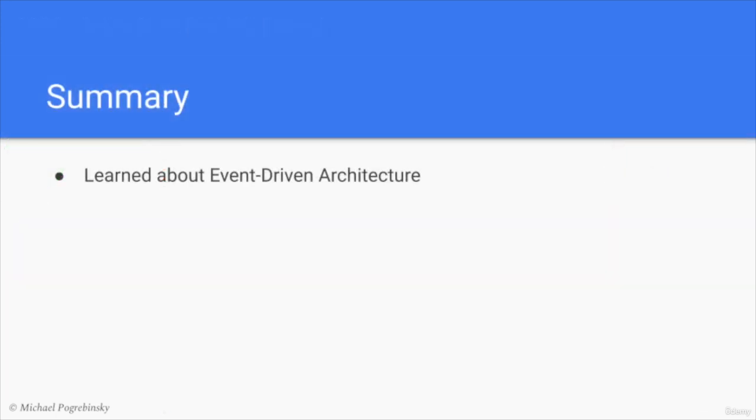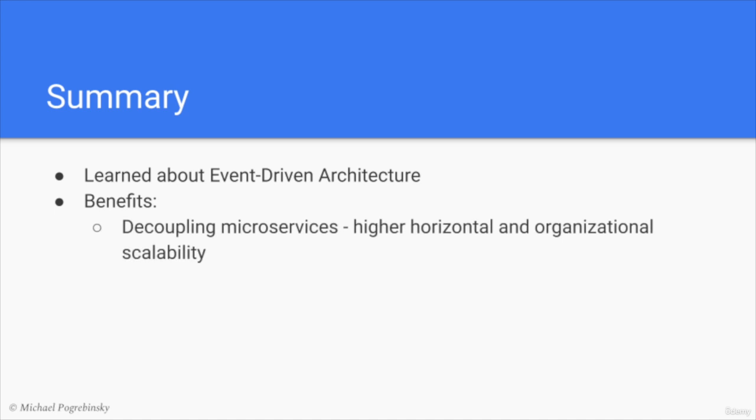In this lecture, we learned about the event-driven architecture. We learned about a few benefits that this type of architecture provides to us, especially when combined with the microservices architecture. A few of those benefits include decoupling microservices, which provides us with higher horizontal and organizational scalability.